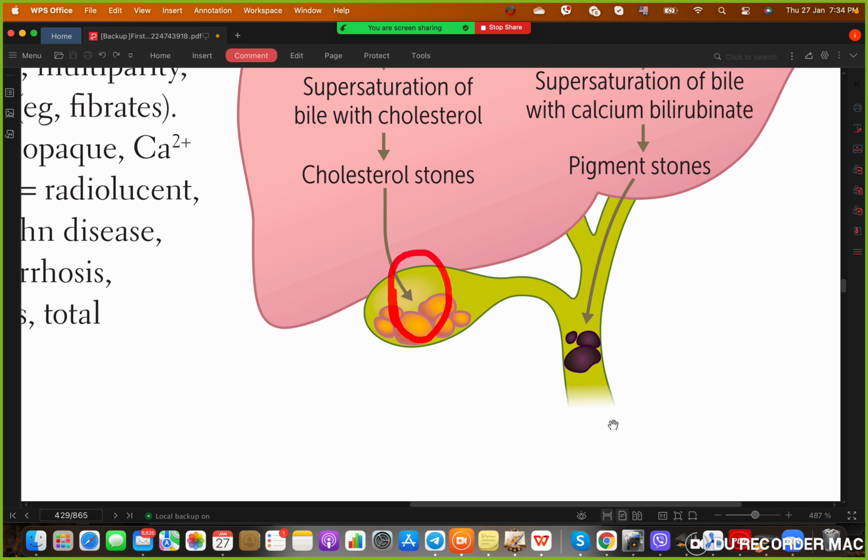Okay? So, let's say you give the ursodiol and the stone becomes much smaller. Can it now pass to the common bile duct when we make it smaller? Yes. So that means we are making more risk of obstruction by making it smaller?